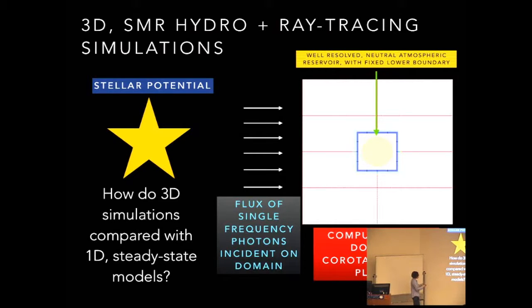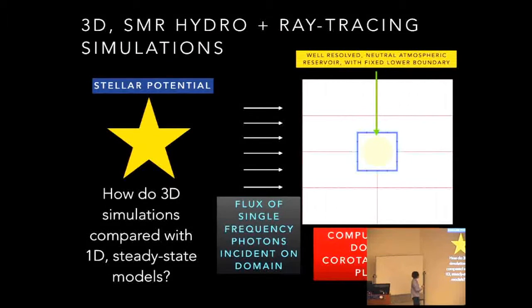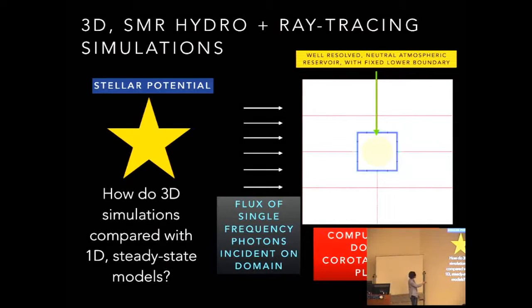And the parameters for the simulations I'm going to show, you can think of these as being sort of like a WASP-17b for those of you who are telephone number memorizers in the room. So anyways, we have a sort of lowish mass hot Jupiter with a relatively puffy radius, and we're just going to resolve this very, very upper layer of the atmosphere so that we have a nice neutral reservoir of material to launch with the wind.